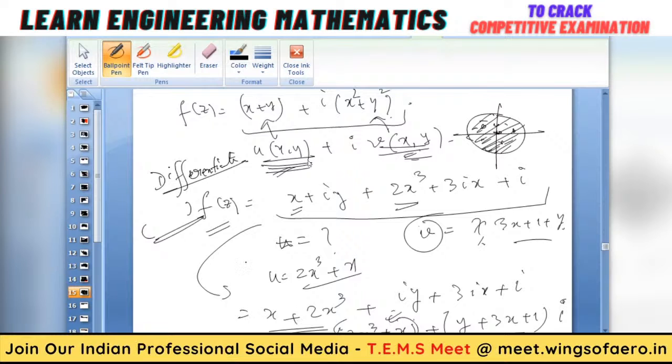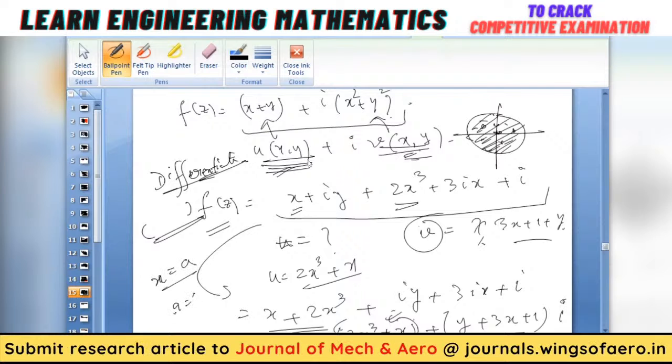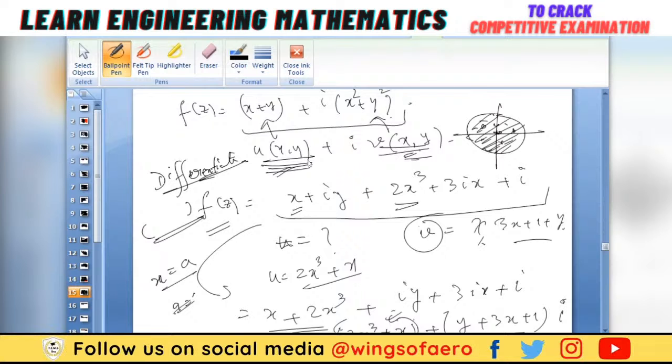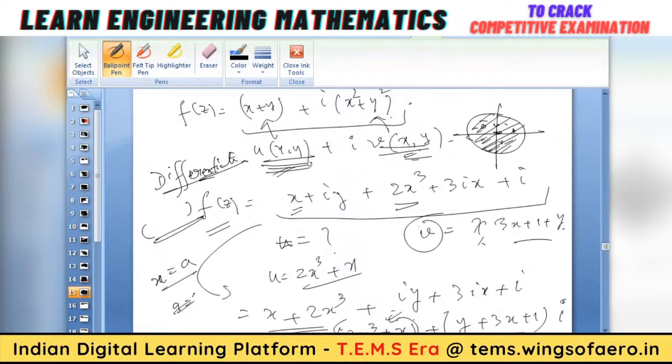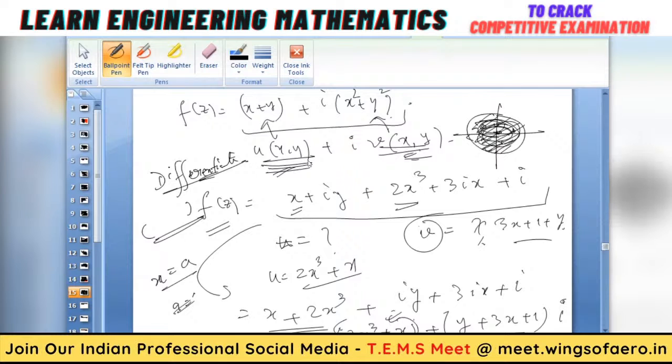But differentiability means the function is differentiable at only one point, suppose x equal to a or x equal to b. We explained differentiability in the real number case previously. Differentiability means the function is differentiable at only one point. Analytic means the function is differentiable at each and every point within a region or within an interval.